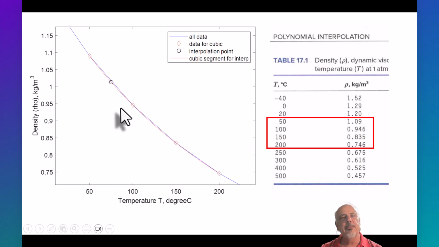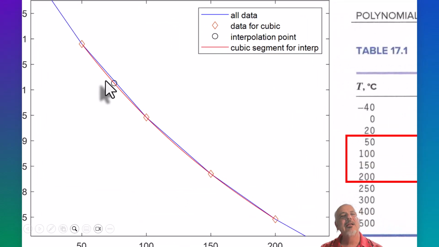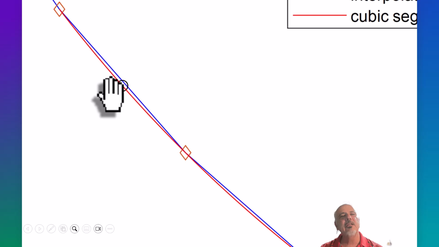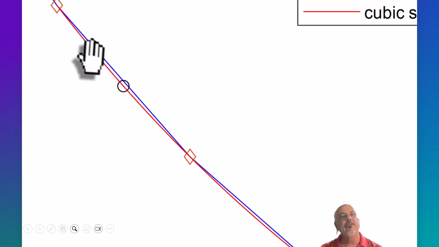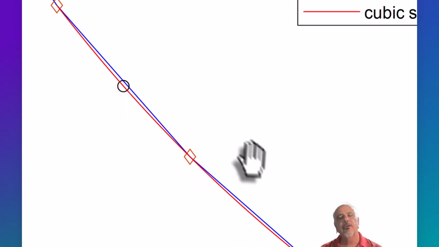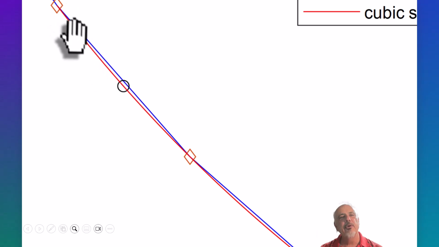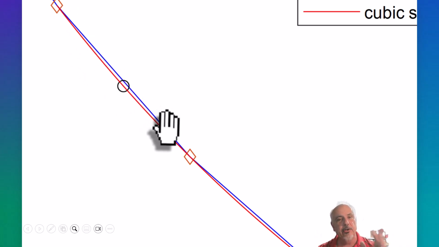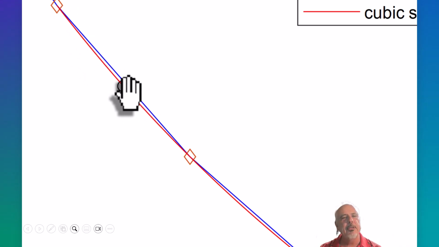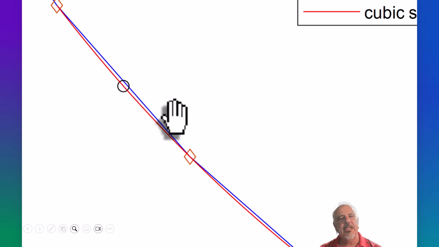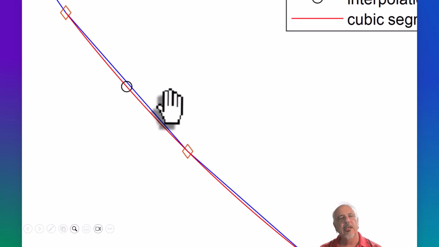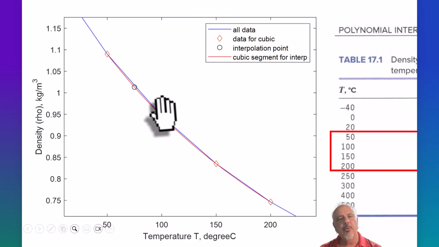So we zoom in a little bit. You can see that the red is a nice smooth curve, and the blue, if I were to use a linear interpolation, the circle would be a little bit higher up and it wouldn't be as nice a fit as the cubic, because if you look, the points that are coming later actually kind of curl to the left.